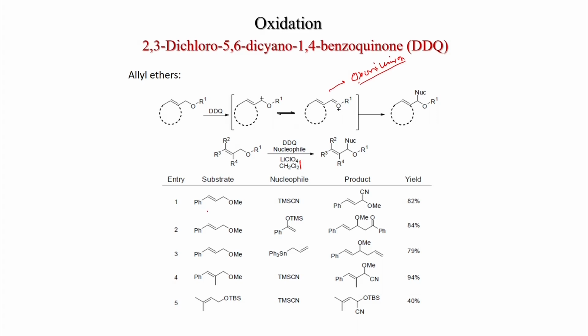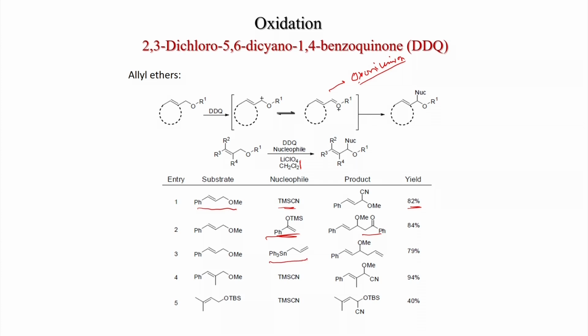As you can see, this is the allylic ether, this is the formation of carbocation here, and this hydride will be taken by DDQ, and then the oxonium ion will generate, and you get a reaction with TMS cyanide, you get 82% yield. Similarly, enol ether, OTMS silyl enol ether can react to give this ketone.